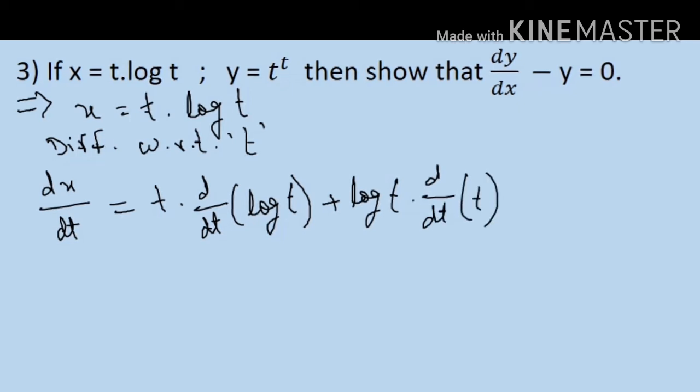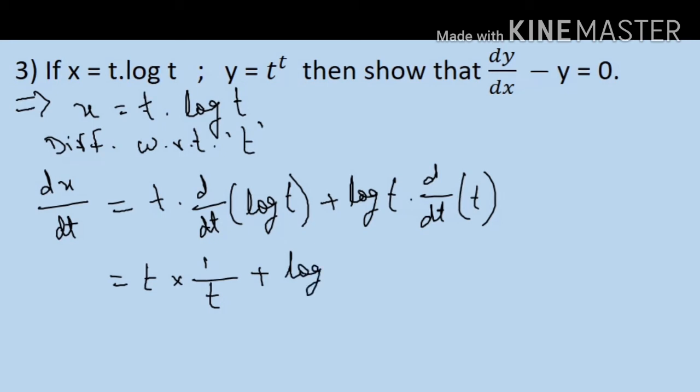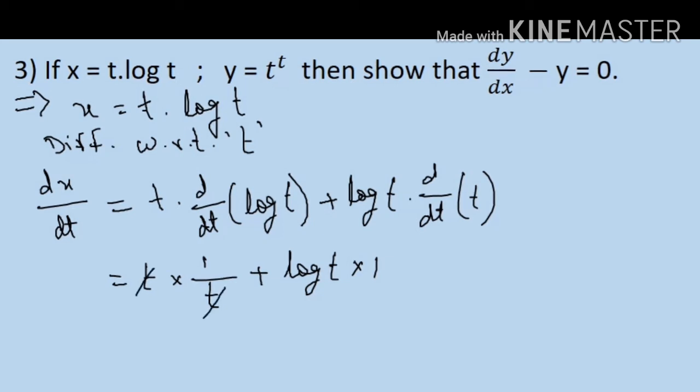Very simple sum. So t into the derivative of log t, which is 1 upon t, so t into 1 upon t plus log t into 1. So your t gets cancelled. You get 1 plus log t.